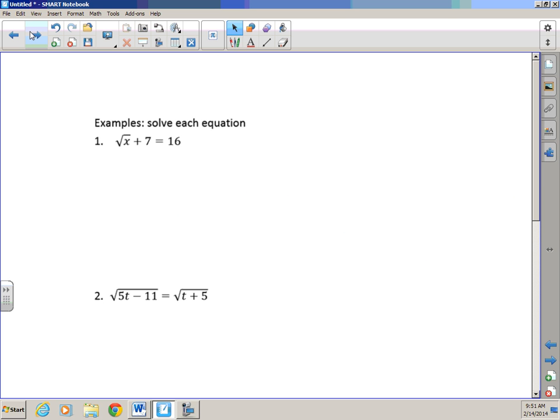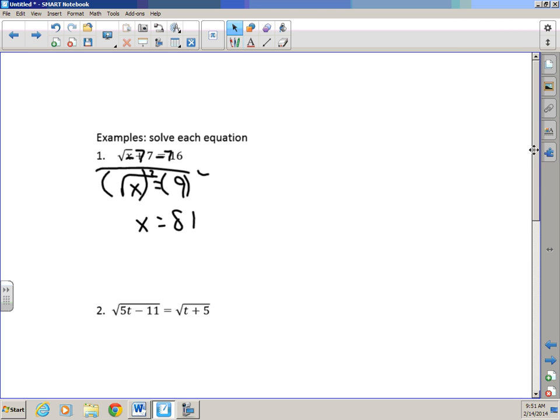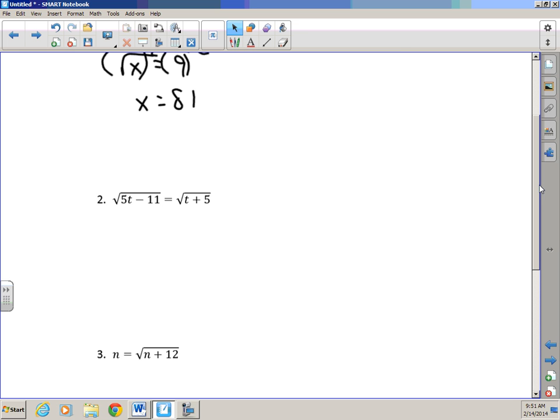I have radical x plus 7 equals 16. So I'm going to get rid of the 7. So I have radical x equals 9. I square both sides. And I get x is 81. Okay. Now this one, I have radicals on both sides, so I can just go right to squaring them.